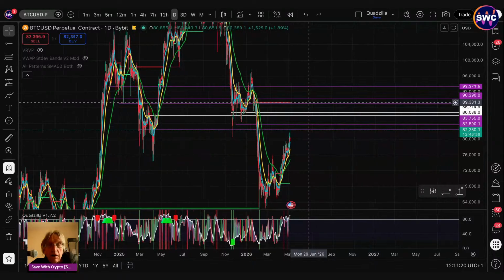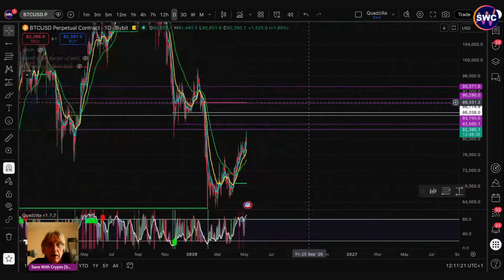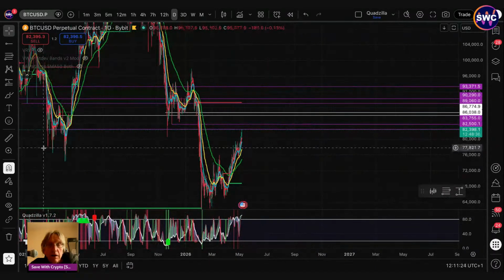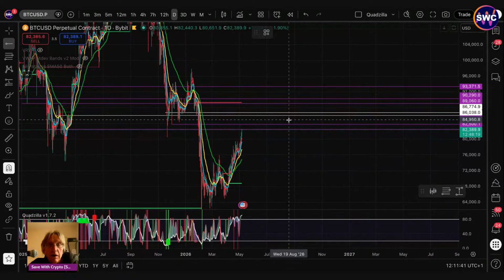So I'm going to draw in some of these levels, but I'm going to draw them in from different time frames. I'm not going to go crazy with this, but I want to find an area where there's a bit of a cluster of these levels, if you like. So let's get the horizontal ray again.